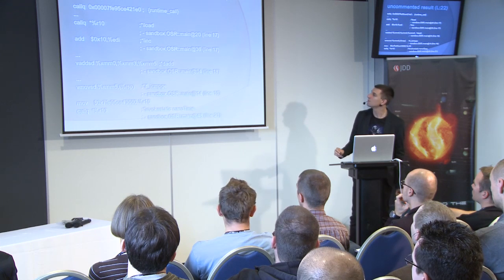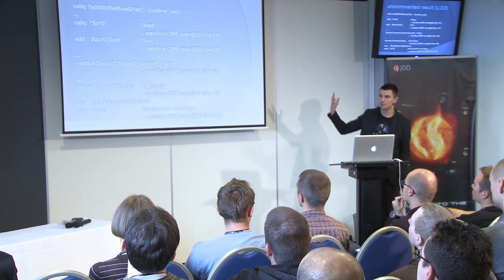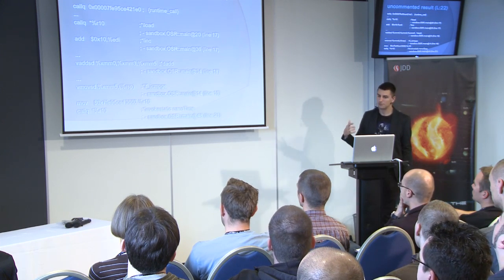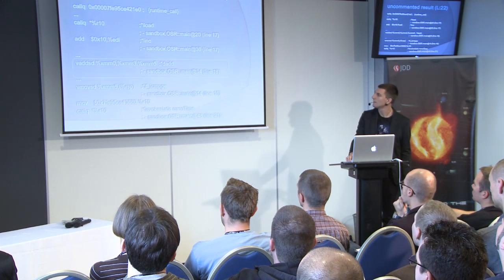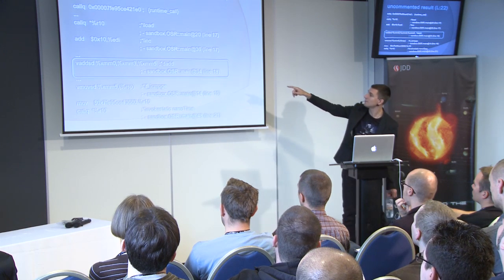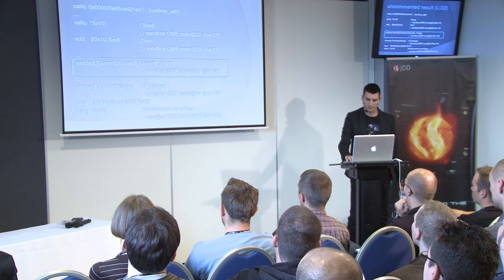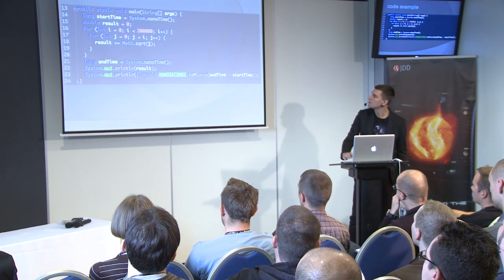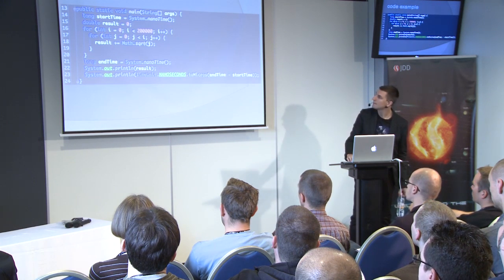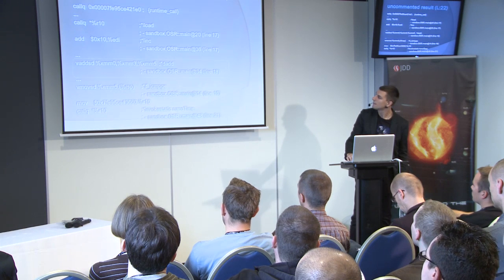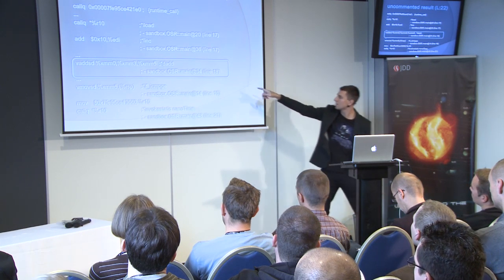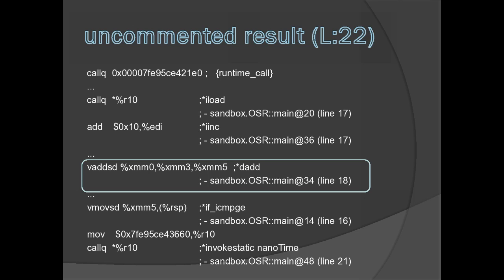And with the line uncommented, this looks different, really different. I even got my loop. You see, there's an add, and this add was here in line 18. Yes, I've got the adding, and the same here. It shows me the line number. So a very powerful, but maybe a little bit terrifying flag.